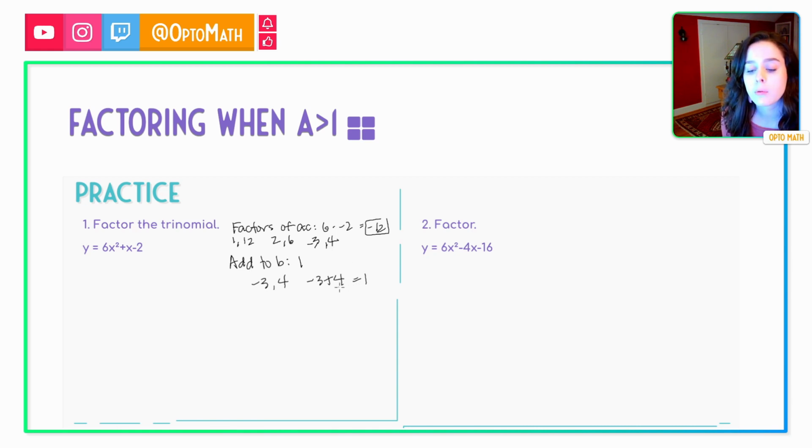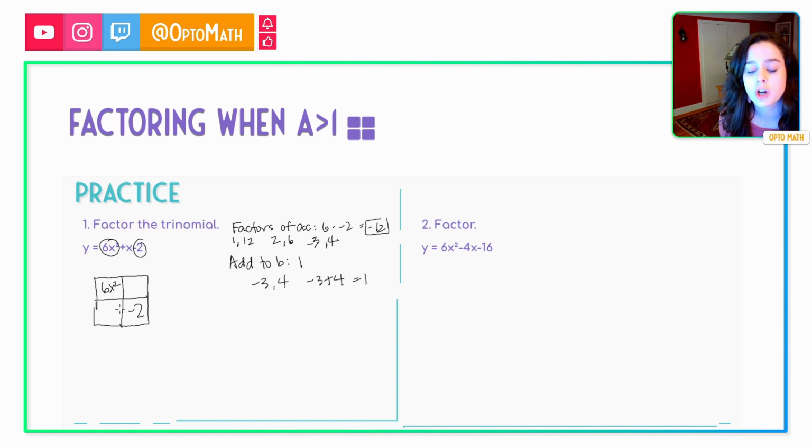So we have our two pieces of our Punnett square. So let's draw our Punnett square. Remember, the top left is our ax squared term, so that's our 6x squared. Our bottom right is our c term, so our negative 2. And then we're just writing out our trinomial here, but we're breaking it down into 4 terms.